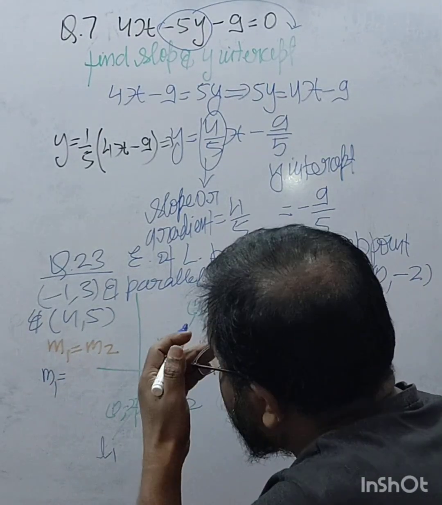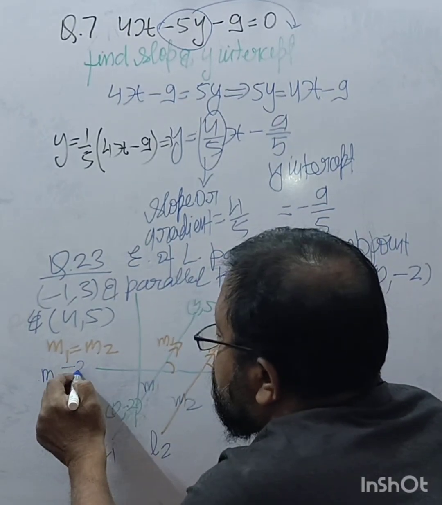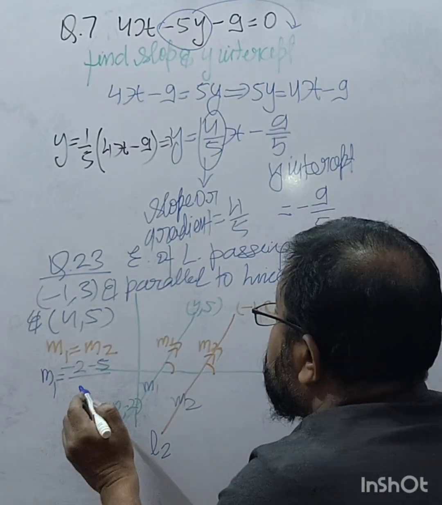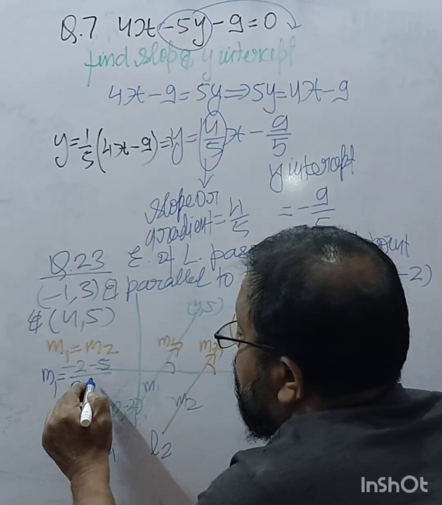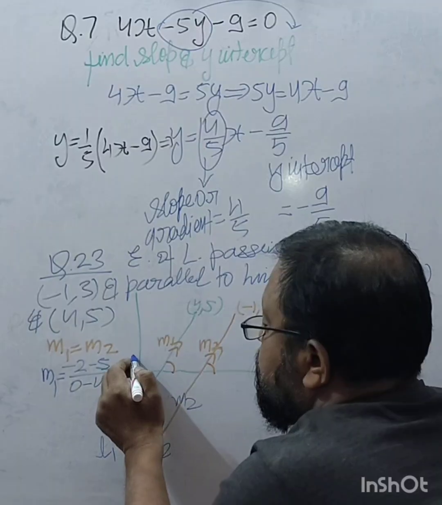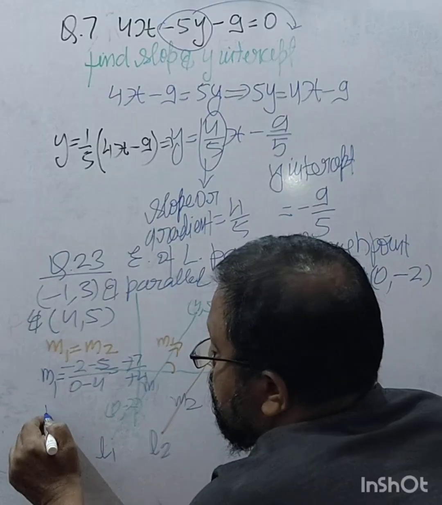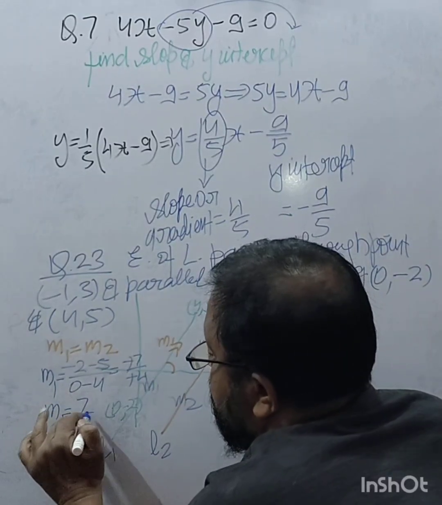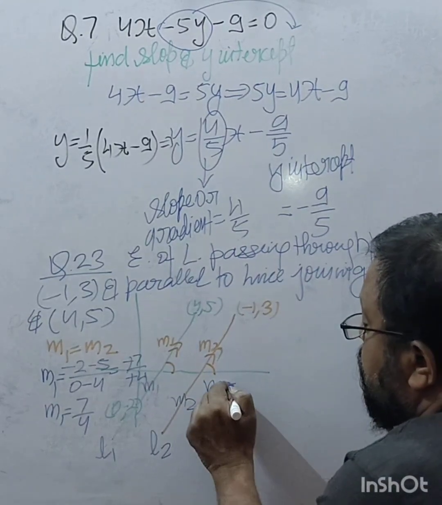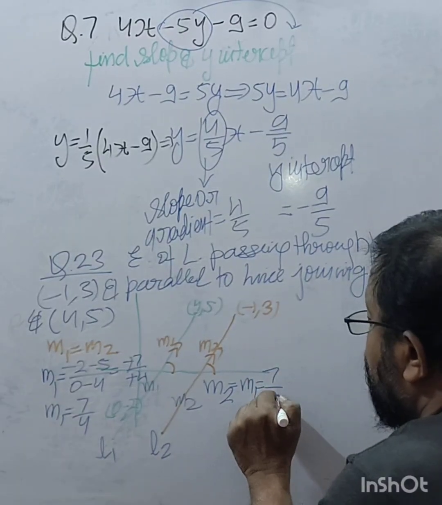So m1 is equal to minus 2 minus 5 upon 0 minus 4. That is minus 7 upon minus 4. So this cancels out. So m1 is equal to 7 upon 4. So m2 is equal to m1, which is equal to 7 upon 4.